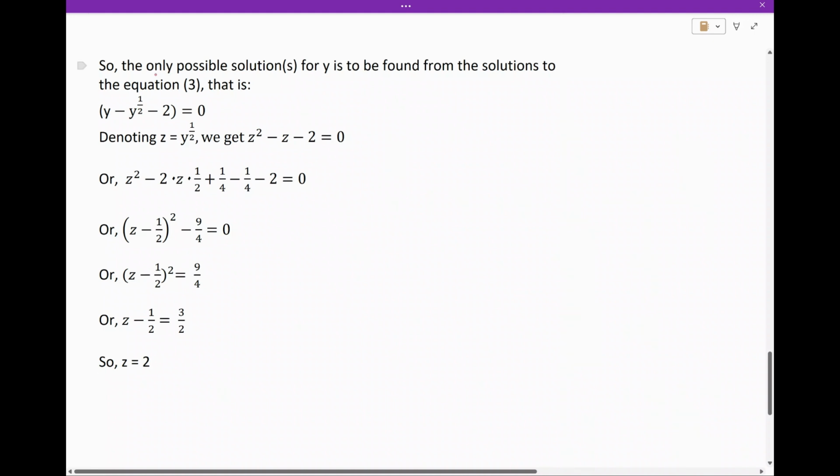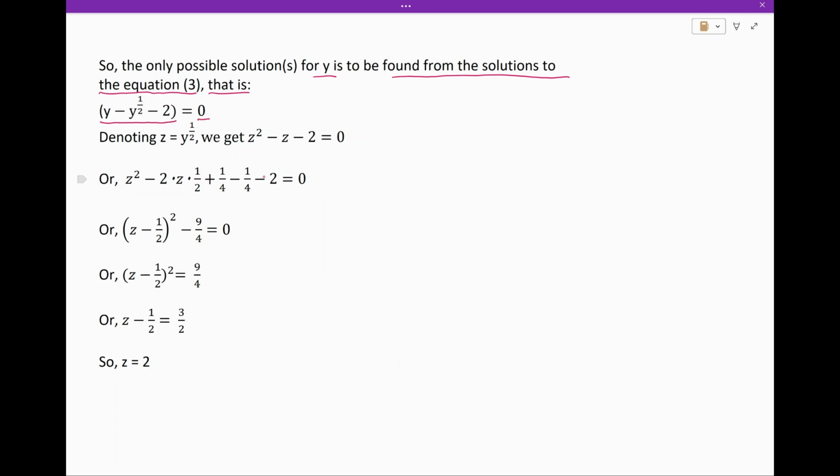Therefore, the only possible solution for y is to be found from the solutions to the equation number 3, that is y minus y to the power of half minus 2 is equal to 0. If we denote z as y to the power of half, we get z squared minus z minus 2 is equal to 0.